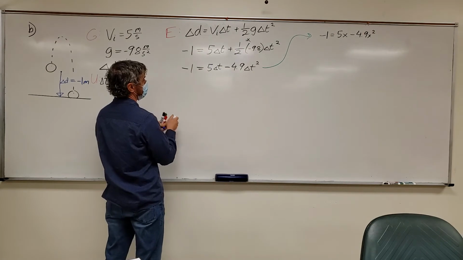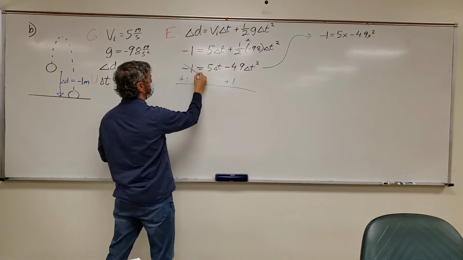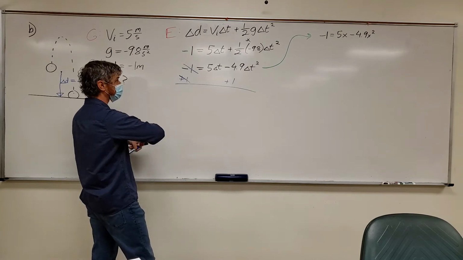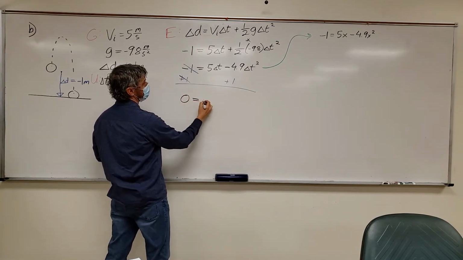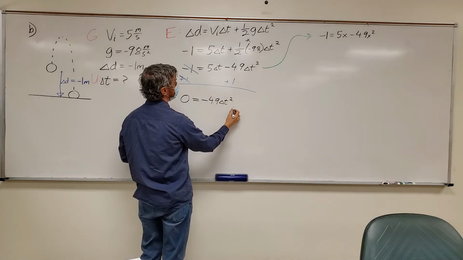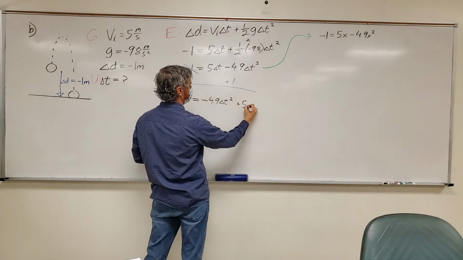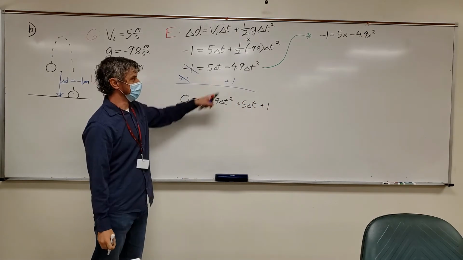So I'm going to go ahead and add 1 to both sides, because that'll put a 0 on the left side. And then I'm going to write it in descending order. So I have 0 equals -4.9 delta t squared plus 5 delta t plus 1. Right, we added that one to that side.